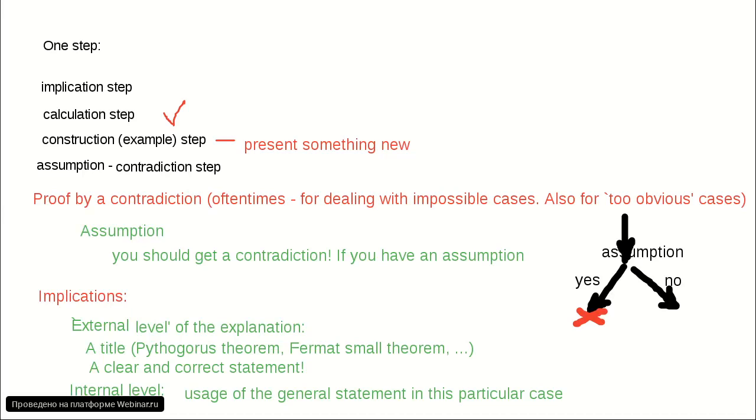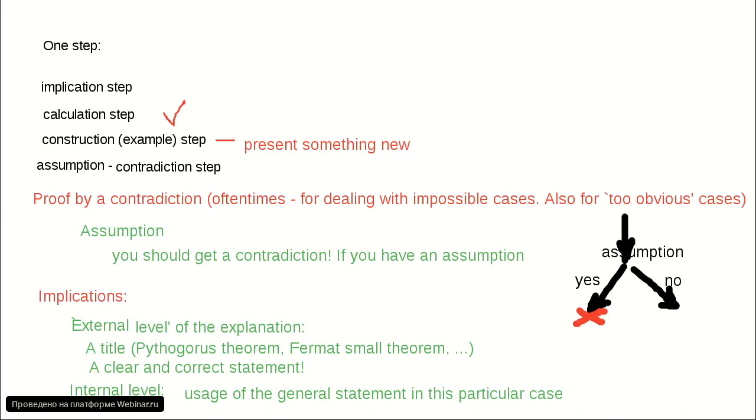And another type is assumption contradiction step, which is like backwards proof. So when we speak of proof by contradiction, these 2 steps are absolutely necessary. It's assumption and contradiction. Without an assumption, there couldn't be any contradiction.